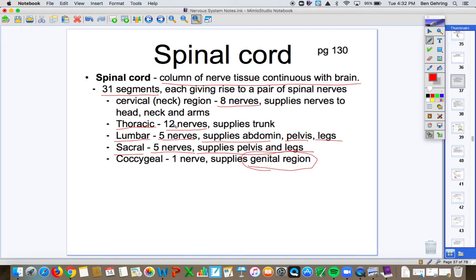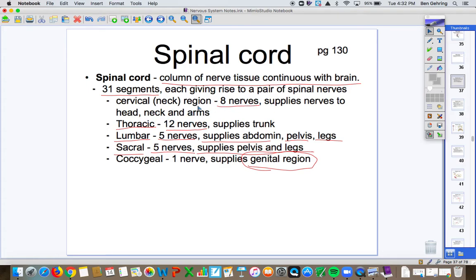But those are the different regions of nerves. Those are the number of nerves that come out, and that is where they supply feeling to. You will notice that your control originates at a point that is superior to the portion of your body being controlled. For example, your cervical region, your neck, controls what happens in your arms and head.